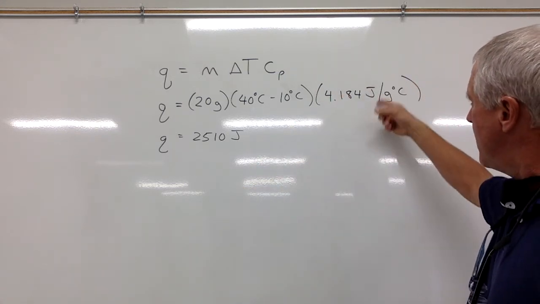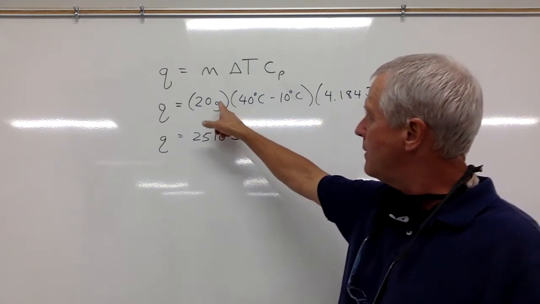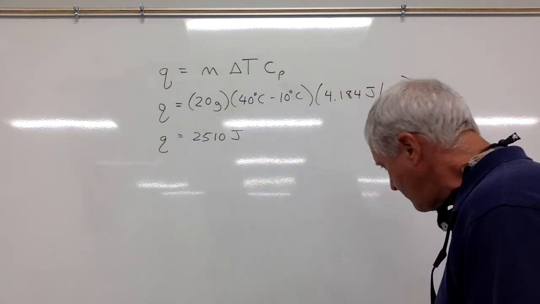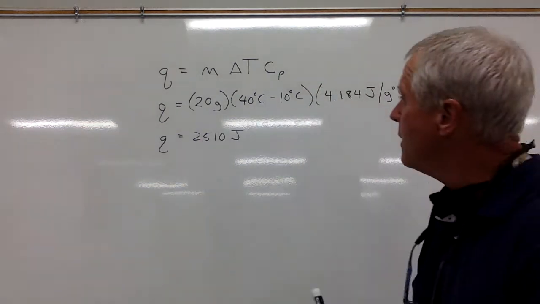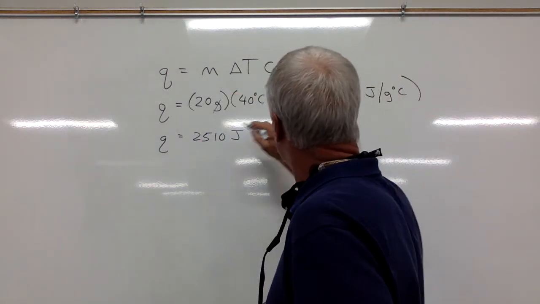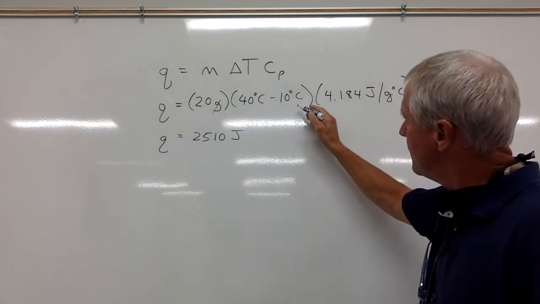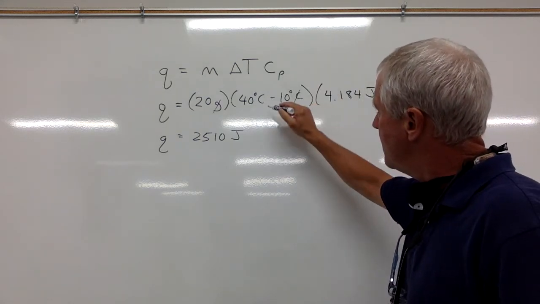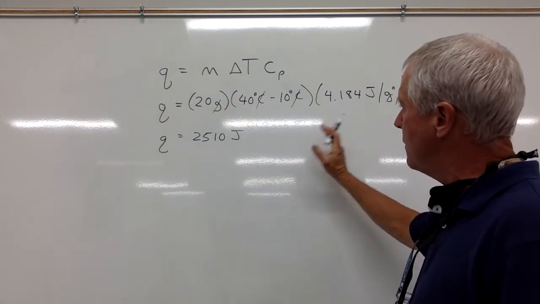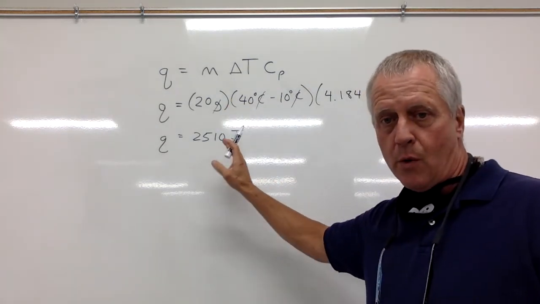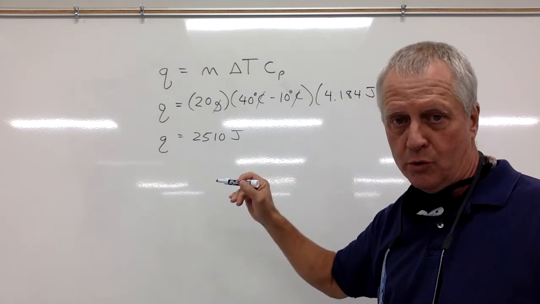We're dividing by grams here, and so grams would cancel there. Let me just cross that out. So we have grams canceling here and here, and degrees Celsius canceling here. So when we multiply the numbers together, we're going to get a value for heat energy transfer in joules.